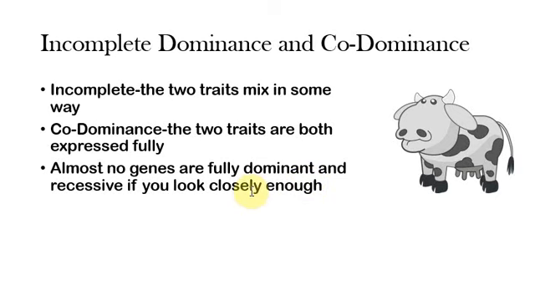And now that we've defined this, there's an interesting little thing. Almost no genes are actually completely dominant or recessive if you look closely enough. One example of this would be albinism. If an individual is homozygous recessive for albinism, they will be an albino. They'll be completely lacking in pigment in their skin and in their hair and just throughout their body. The reason for this is because they'll lack a certain enzyme or it'll be dysfunctional, and this enzyme functions in producing that pigment.